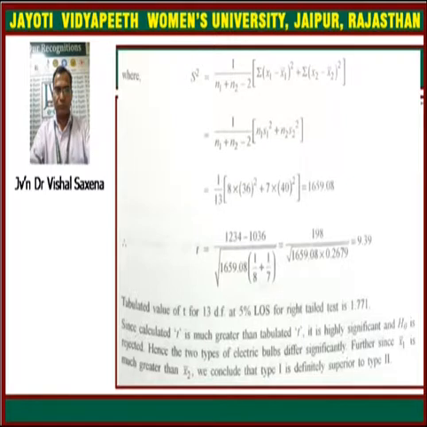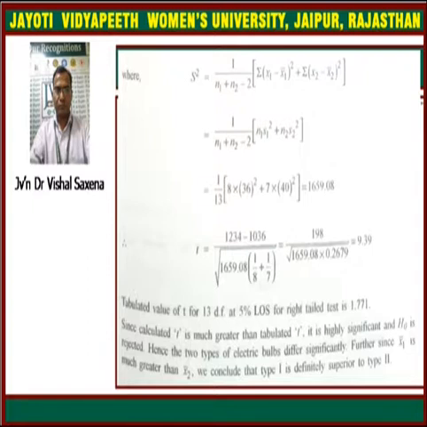So 9.39 is the observed value of t, but here the degree of freedom is 13, and at the 5% level of significance for 13 degrees of freedom, the t statistic is 1.771. So 1.771 is the expected value at 5% level of significance for 13 degrees of freedom. But our observed value is 9.39.